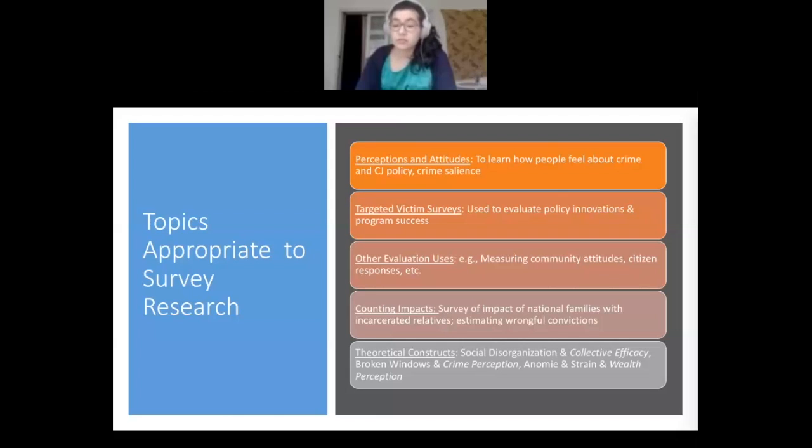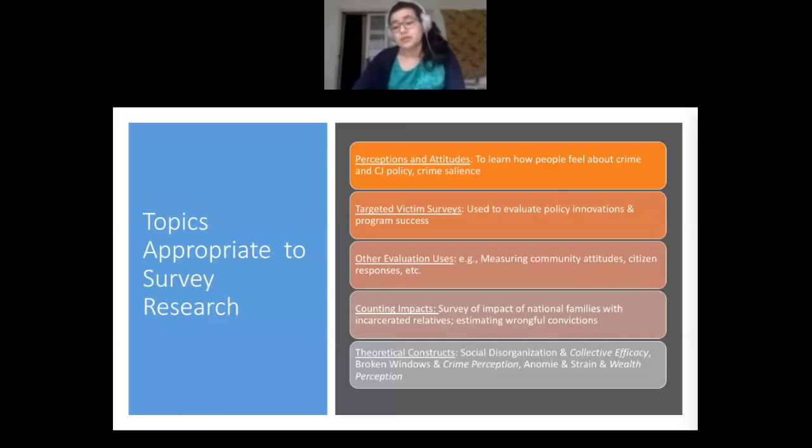So, for example, people with wrongful convictions, there's been recent data on researchers trying to survey people who are incarcerated to get them to disclose whether or not they were wrongfully convicted. And obviously there are issues with that because you don't necessarily know if they're telling the truth or whatnot.